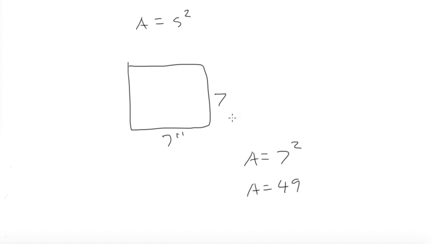And that holds true. If we put a 7 into the S, substitute it, and we square it, then A is equal to 49. And that works the same with the perimeter for the rectangle and for the square as well. So just remember that when you have a formula, what you're doing is you're going to be looking for the values that are needed to substitute into the variable. And the variables are called variables because they change. Okay? All right.